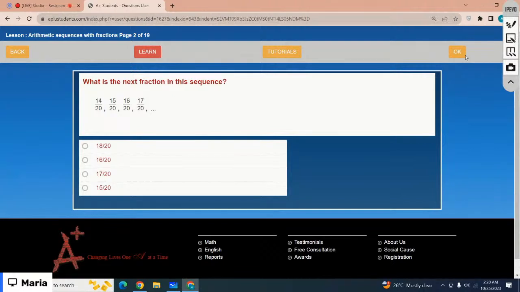What is the next fraction in the sequence? 14 over 20, 15 over 20, 16 over 20, 17 over 20. So which is the next one in the sequence?